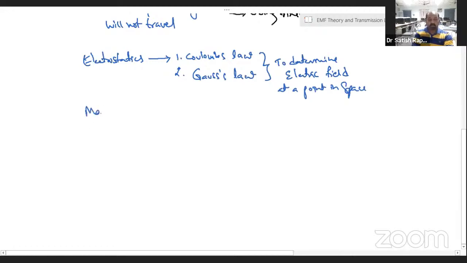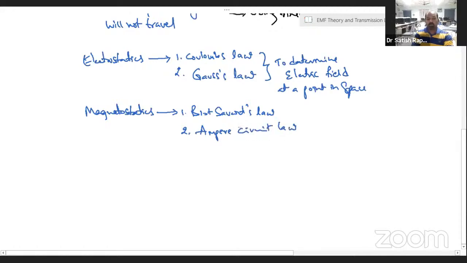Similarly, magnetostatic fields also revolve around two basic concepts, in other words two basic principles. Number one is Biot-Savart's law, and the second one is Ampere's circuital law.